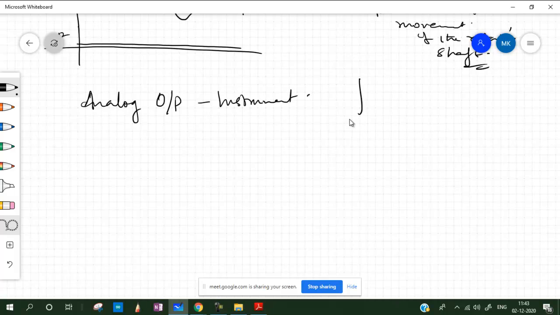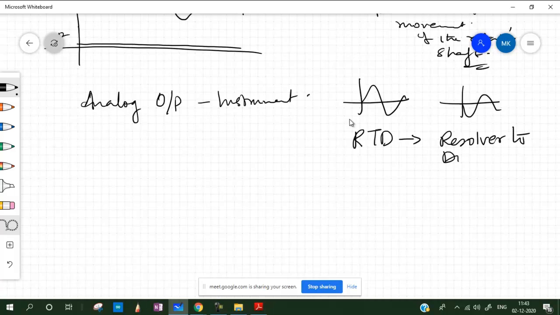So we get signals in the form of sines and cosines, but we do have something called RTDs, which is resolver to digital converters, that are available as an integrated circuit.